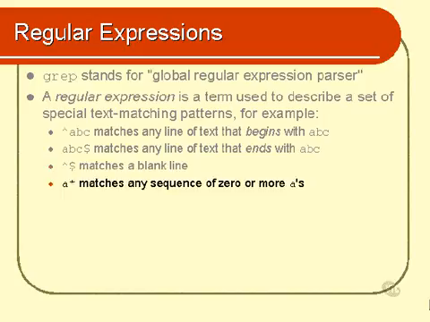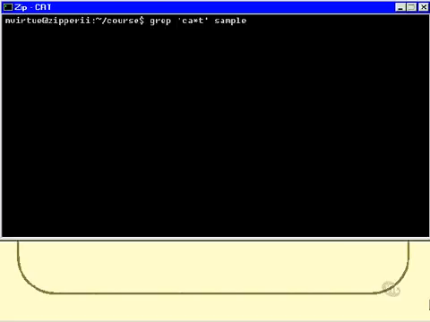Moving right along, A asterisk matches any sequence of 0 or more A's. I'll show you an example of where you might use that. If I was to search for CA*T, what I'm actually searching for is either CAT or CAAAT or CAAAAAT, or even a C and a T with no A's in between them whatsoever, because recall that it matches 0 or more of the character immediately preceding it.